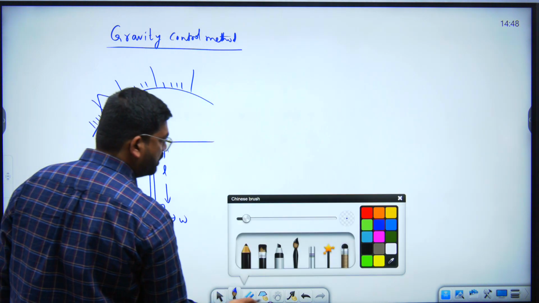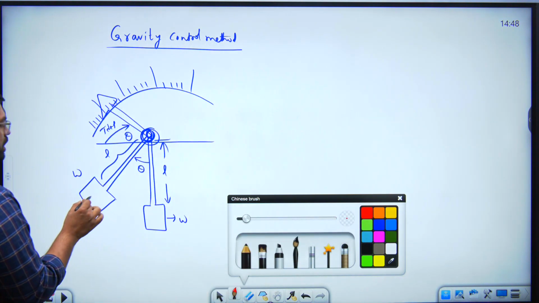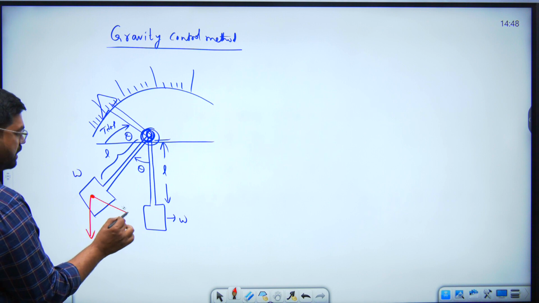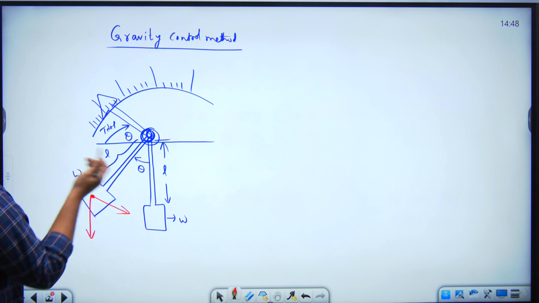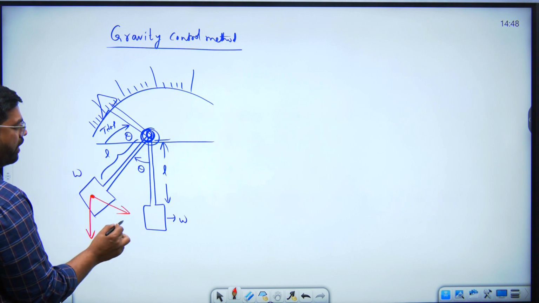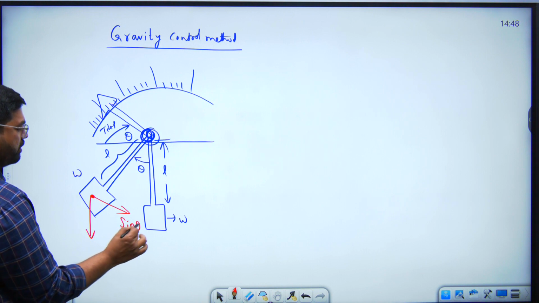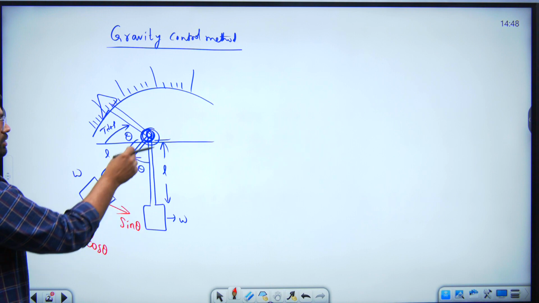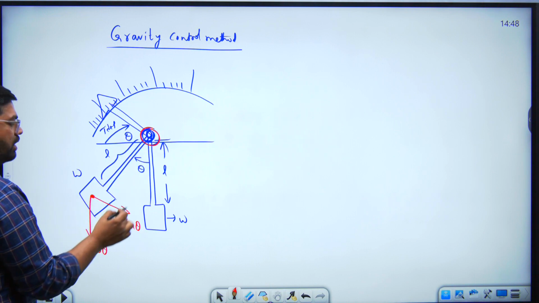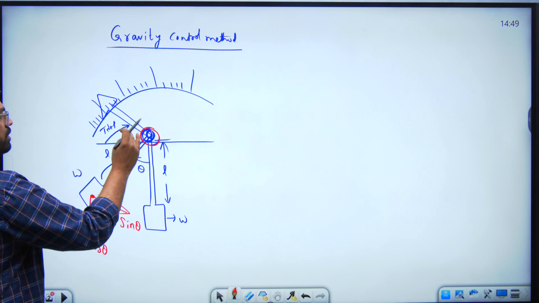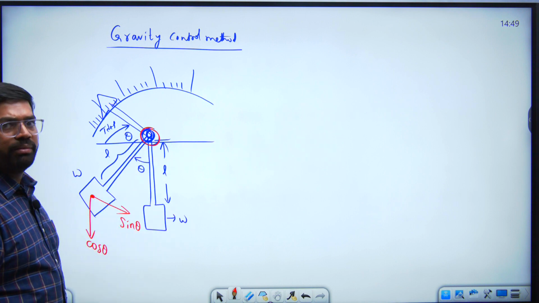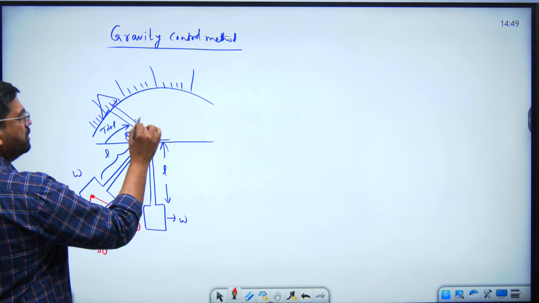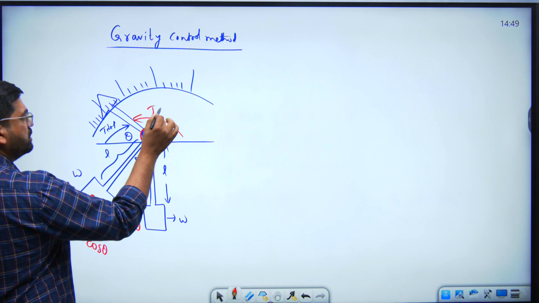So at this moment, two forces are acting, one in downward direction, the other in this direction. It is similar to our simple pendulum. This is sine component, and this one is cosine component. So when you remove the supply from the instrument, deflecting torque becomes 0, then controlling torque is acting in this direction.